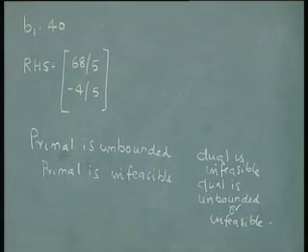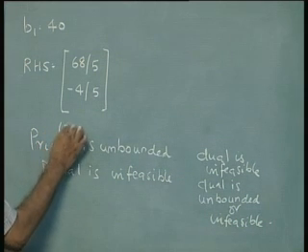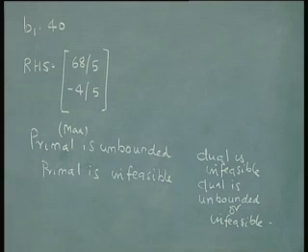We did not see these results explicitly earlier, but these also follow as a result of our discussion on duality. So from the duality theorems one can understand that if the primal, which is a maximization problem, is unbounded, then the dual is infeasible, and if the primal is infeasible, the dual is either unbounded or infeasible.